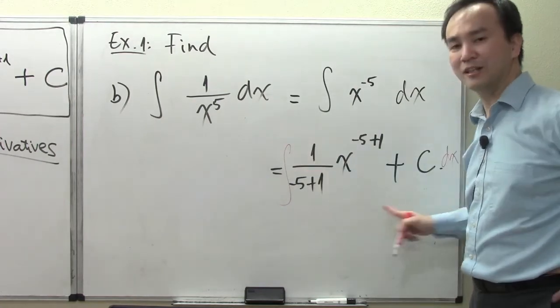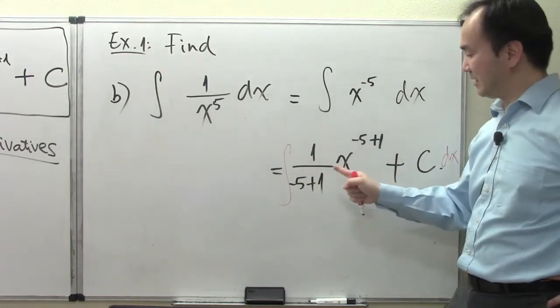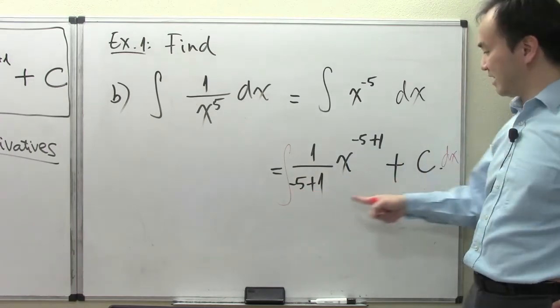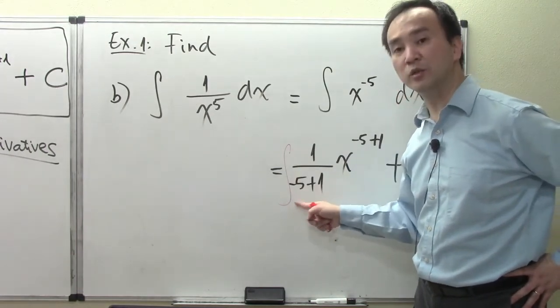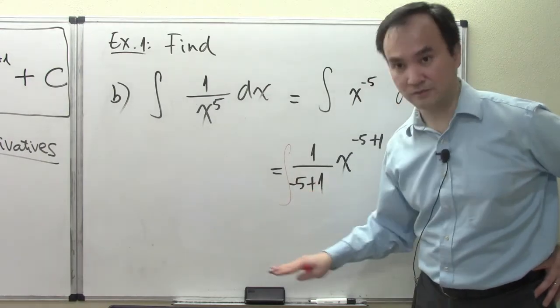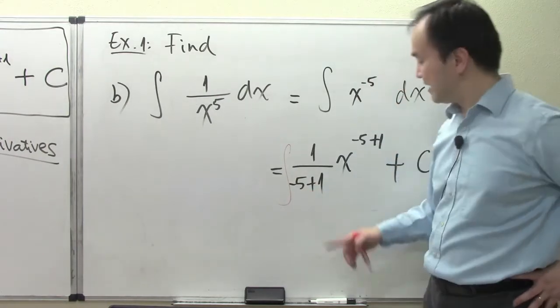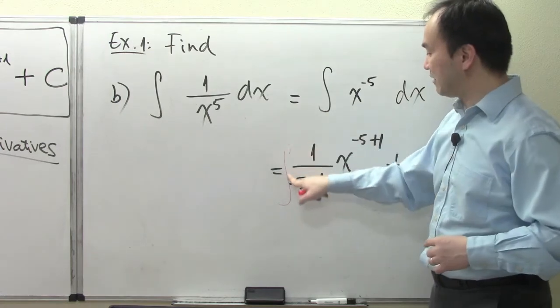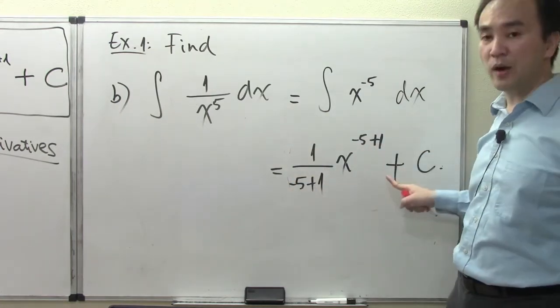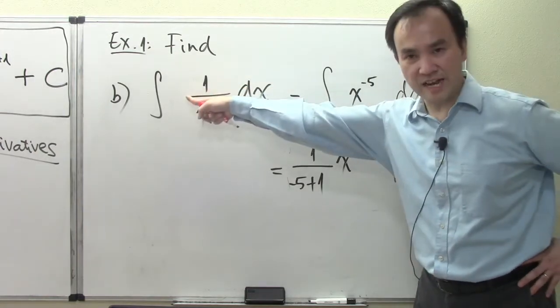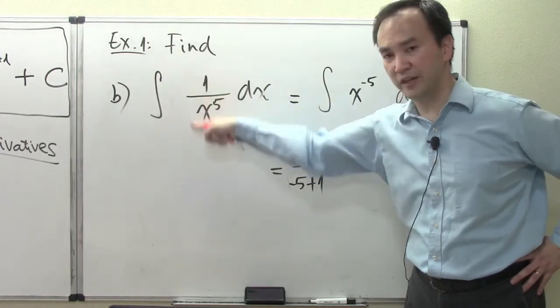Please do not do this, because if you still have that symbol around, viewers or readers of your work will understand that you are going to take another antiderivative, which is not correct any longer. Without that symbol, it means you have already arrived at your answer. Your question was asking, find the antiderivative of that.